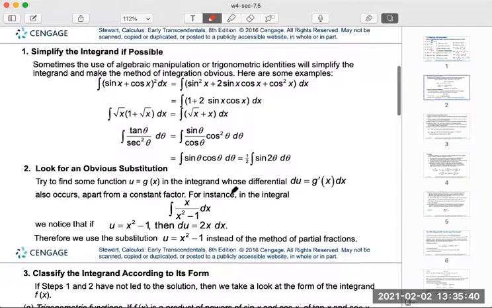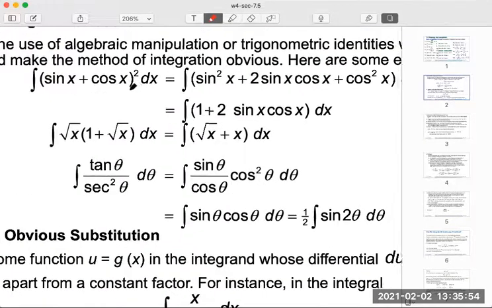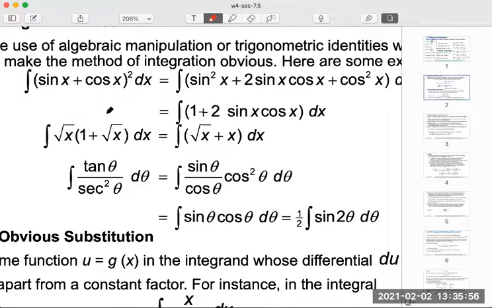And here they summarize all the situations we may see. So sometimes we need to do some manipulation. For example, if we see the integral of sine x plus cosine x, and then the perfect square of these. We don't have any formula for this sum, right?